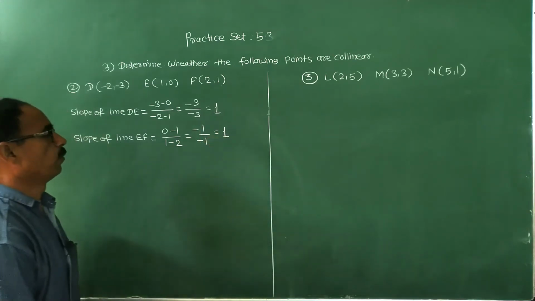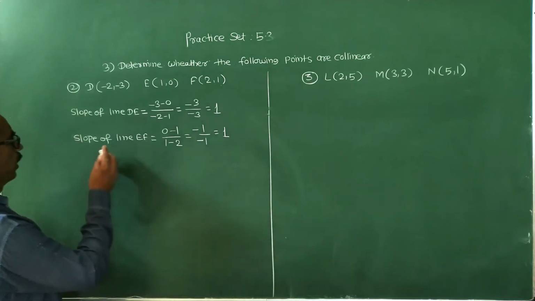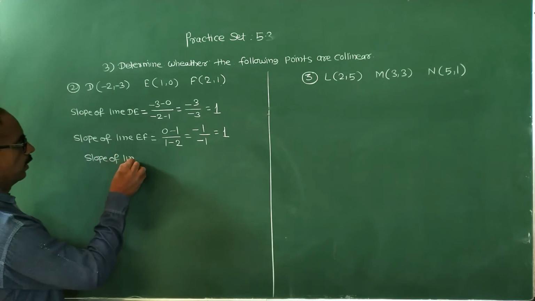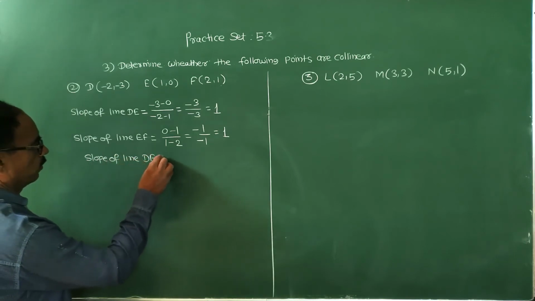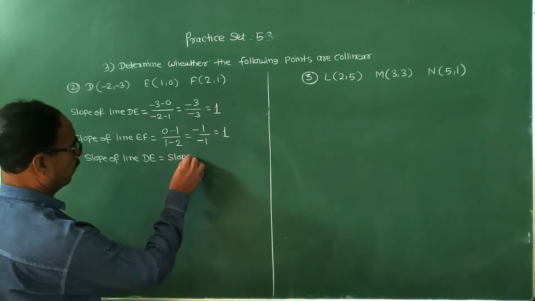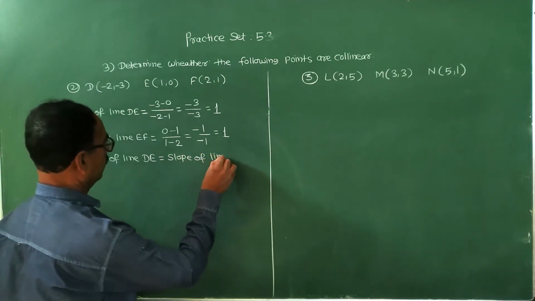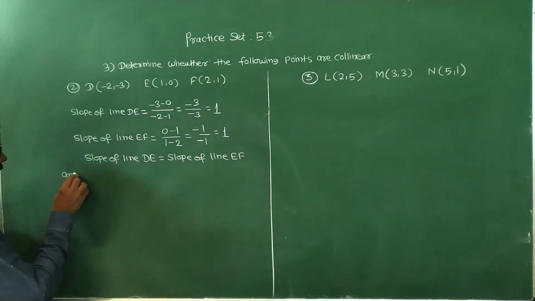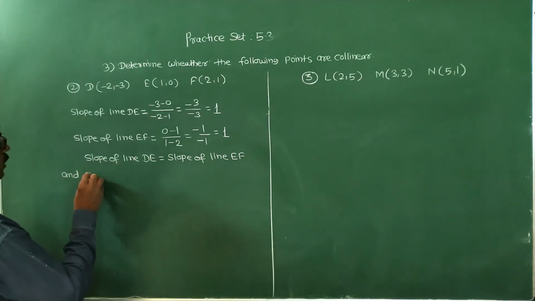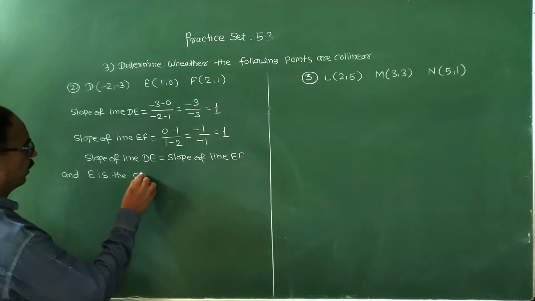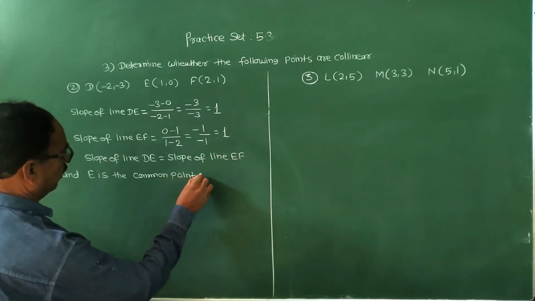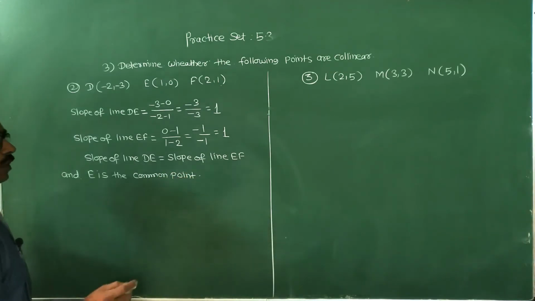Again here the slopes of both lines are equal. So we can write the slope of line DE is equal to the slope of line EF, and E is the common point, and so we can write D, E, F are collinear points.